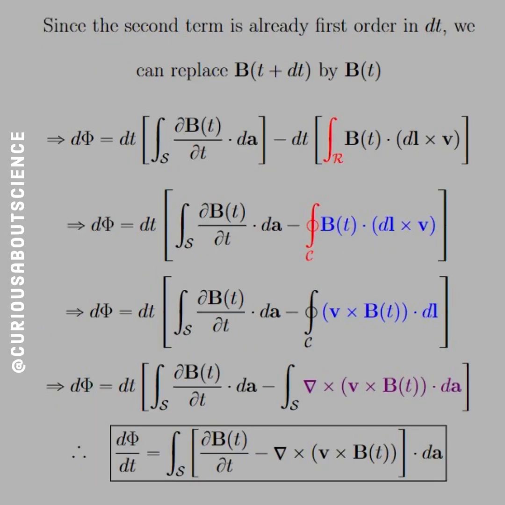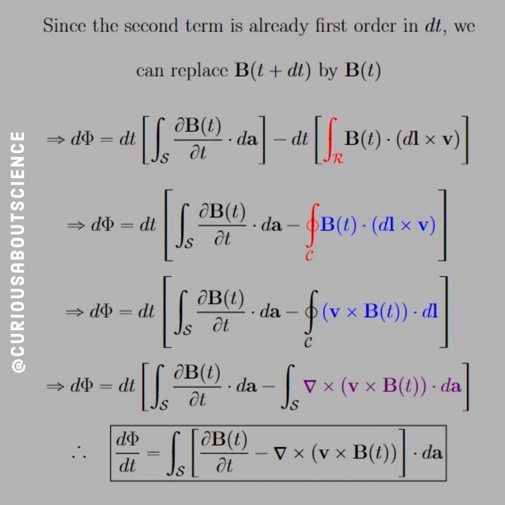Since the second term is already first order in dt, we can replace B of t plus dt by B of t, meaning that since we're substituting in the little change in displacement dt, we don't have to write B of t plus dt. That's why we make that change. What this allows us to do is factor out the dt for both of them, and the S integral stays the same.